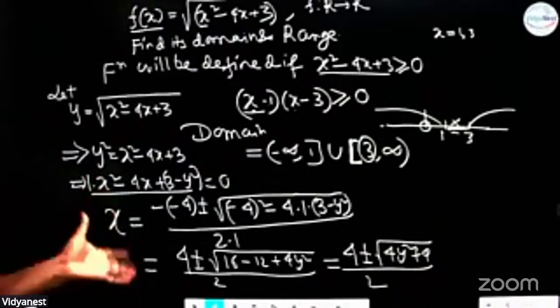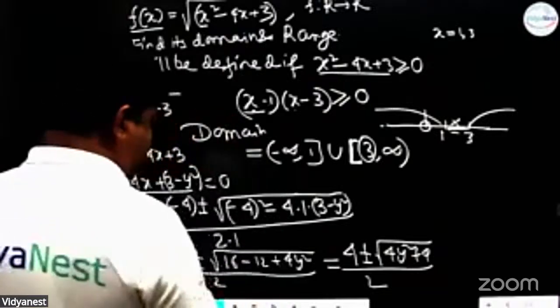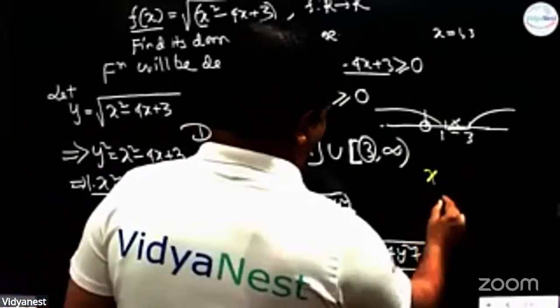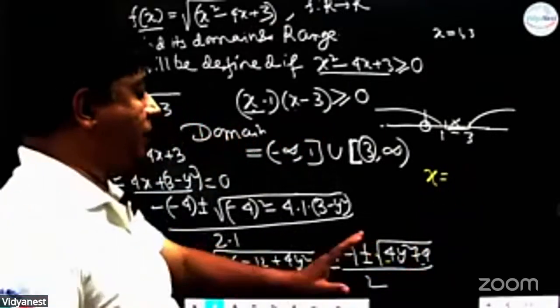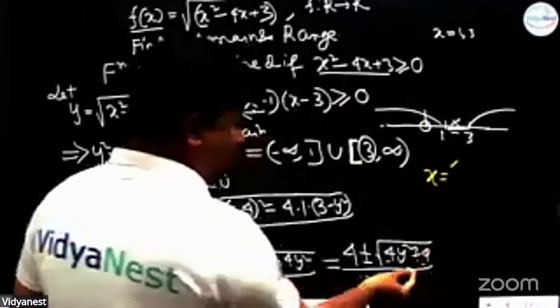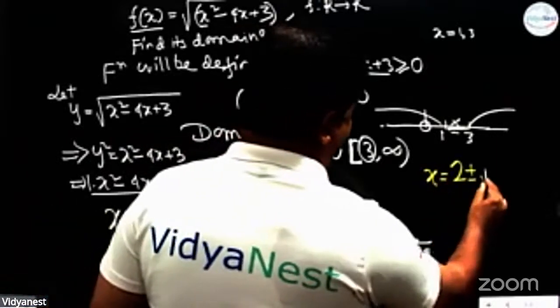Now what is this simplified version? Then we will get x will be, you take 4 common, that will come out as 2, and that 2 will be taken common. So this simplified version is this.